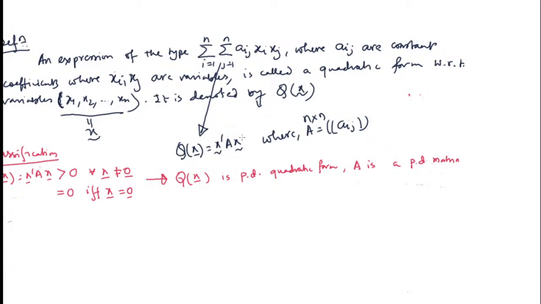This A matrix is called the matrix of the quadratic form.